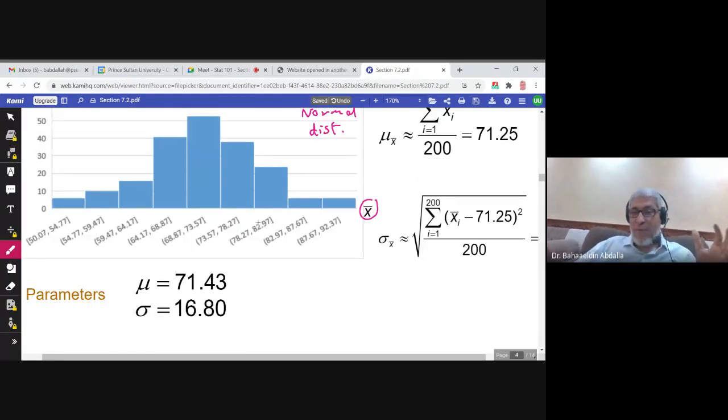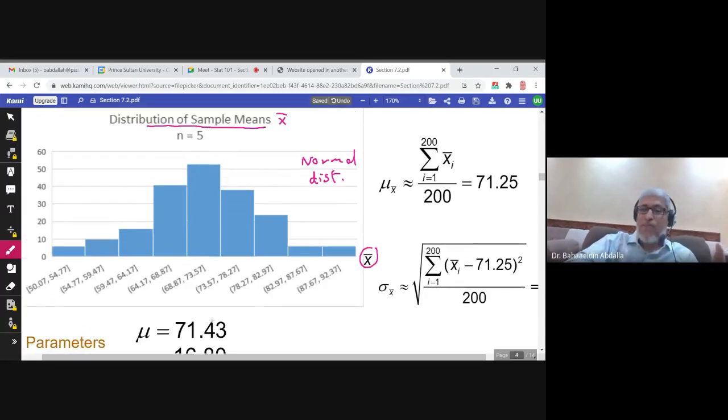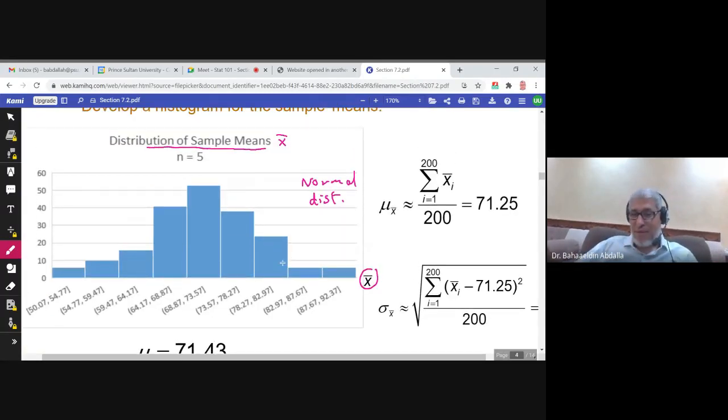This is the population mean, which we evaluated earlier. And this is the population standard deviation. So we have 200 sample means, and this is the distribution of these 200 sample means. Now, if we need to find the mean of this distribution, we will call it mu X bar.